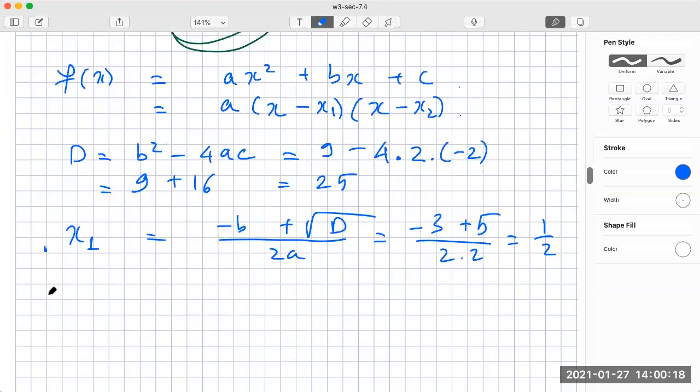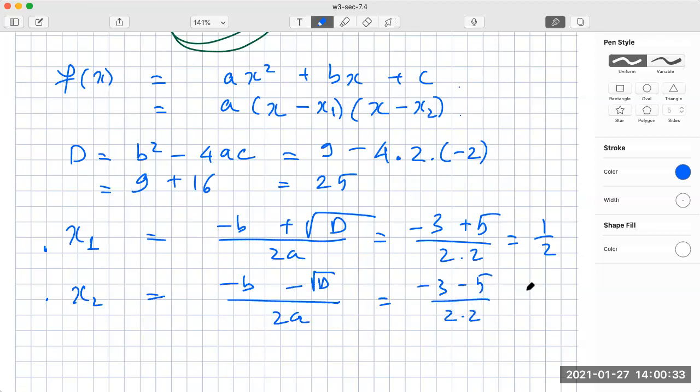This is the first solution. The second solution will be, right, and what is it? Negative 2, okay? We know the two solutions. Let us apply to this guy.